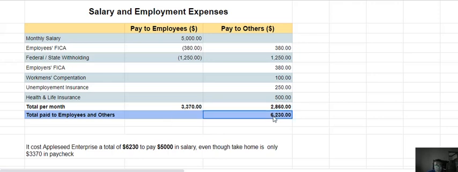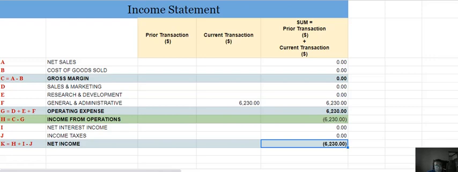And the total amount is $6,230. Let's go to the income statement, and I'm considering this $6,230 as a general and administrative expense. There is no prior transaction for this general and administrative expense. Current transaction is $6,230, and total transaction is $6,230, and net income you can see is negative, which is minus $6,230.